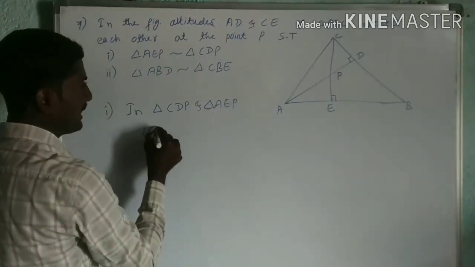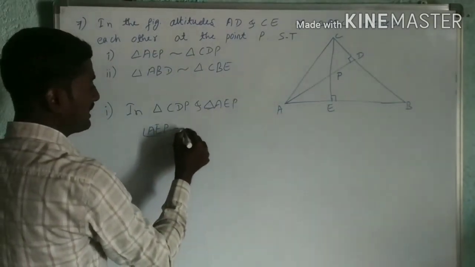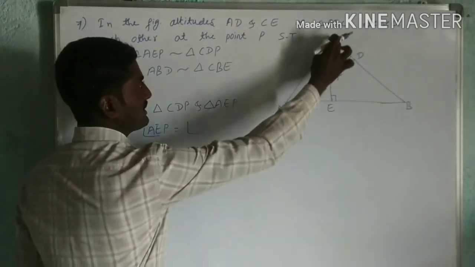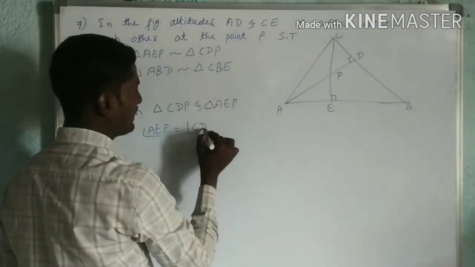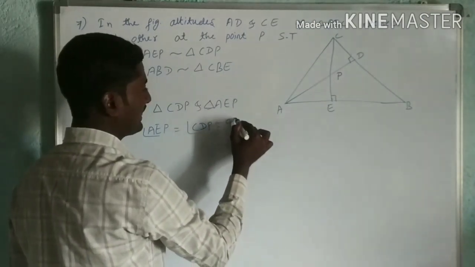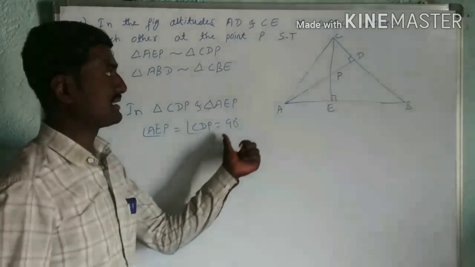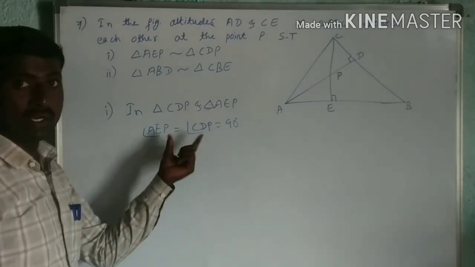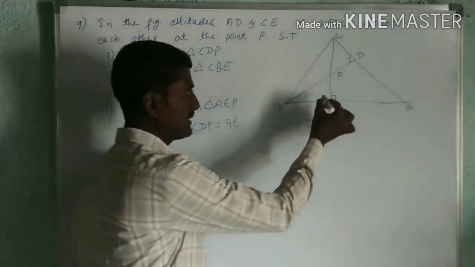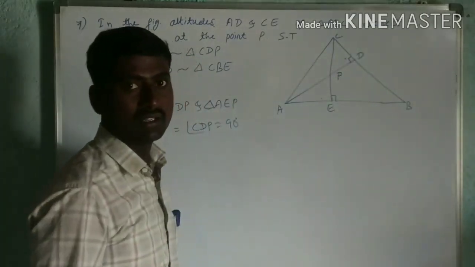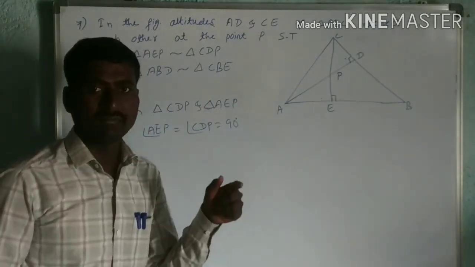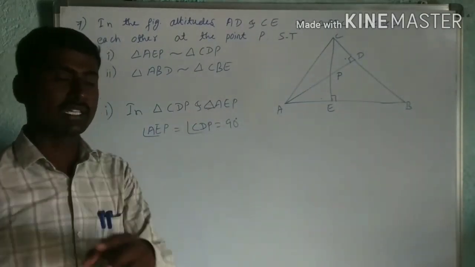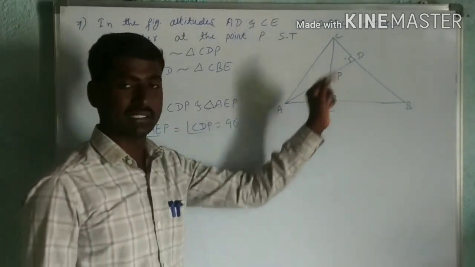Angle AEP is equal to angle CDP, how much? 90 degrees, because they said they are altitudes. I got one condition: this angle and this angle are equal. I need two sides or another angle. By using the AA similarity criterion, I can say these two triangles are similar.